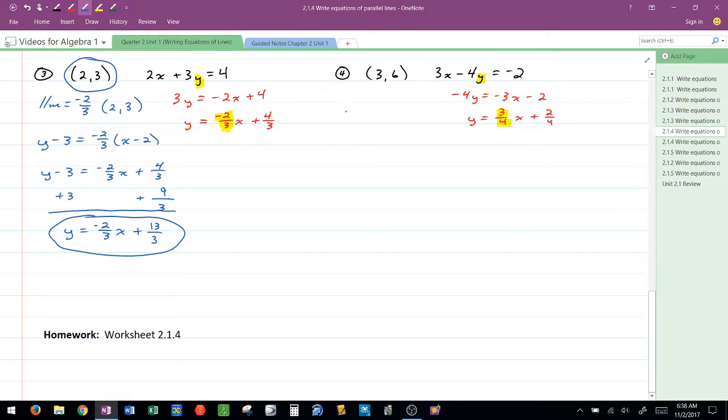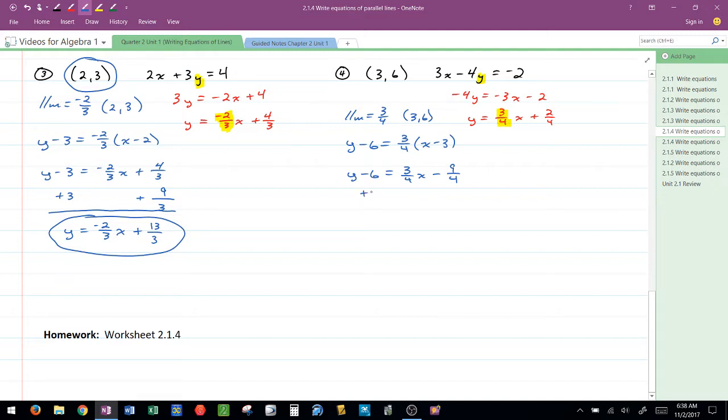The slope is 3/4, which means that the parallel slope also has to be 3/4. They want it to pass through the point 3, 6, which leads me to the equation y minus 6 equals 3/4 times x minus 3. Distribute. y minus 6 equals 3/4 x minus 3 times 3, which is 9/4.